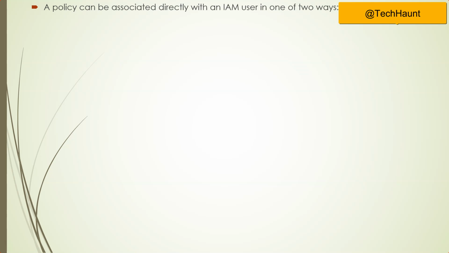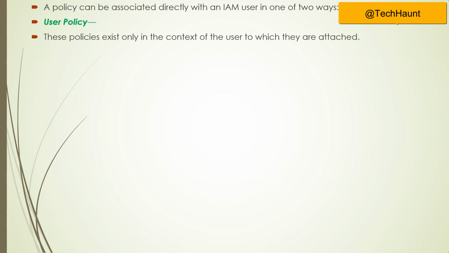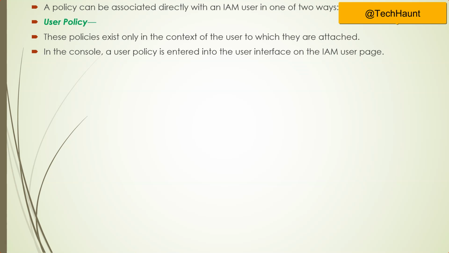So yes, a policy can be associated directly with IAM users in two ways: as a user policy, where these policies exist only in the context of the user to which they are attached. In the console, a user policy is entered into the user interface on the IAM user page. The second option is the managed policy.